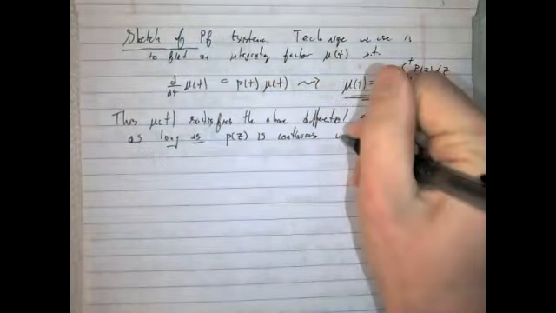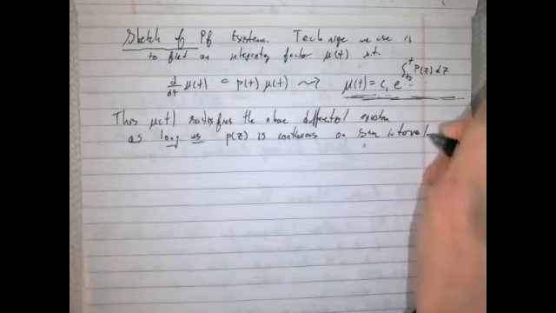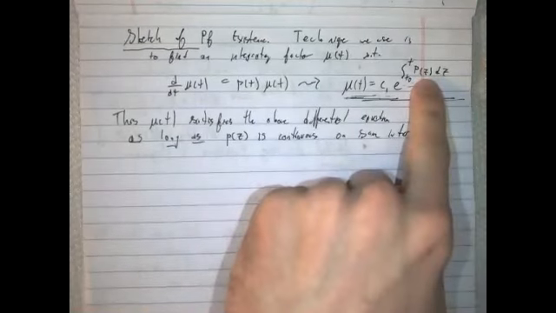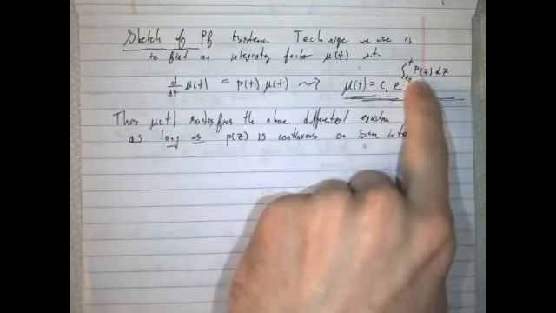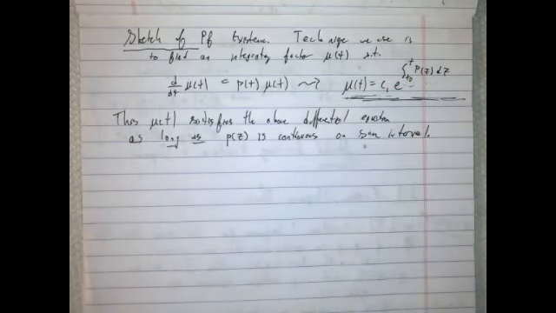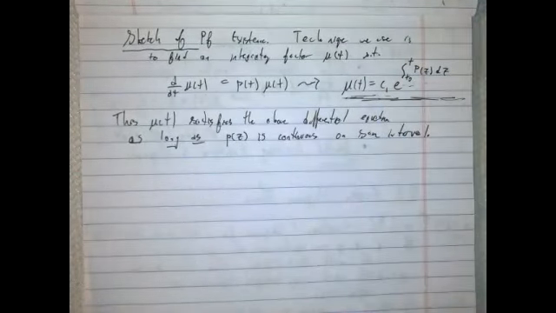On some interval. So if P of z is not continuous, then when I write this expression, I don't actually know how to take this derivative. The fundamental theorem of calculus can't help me if this function's not continuous.